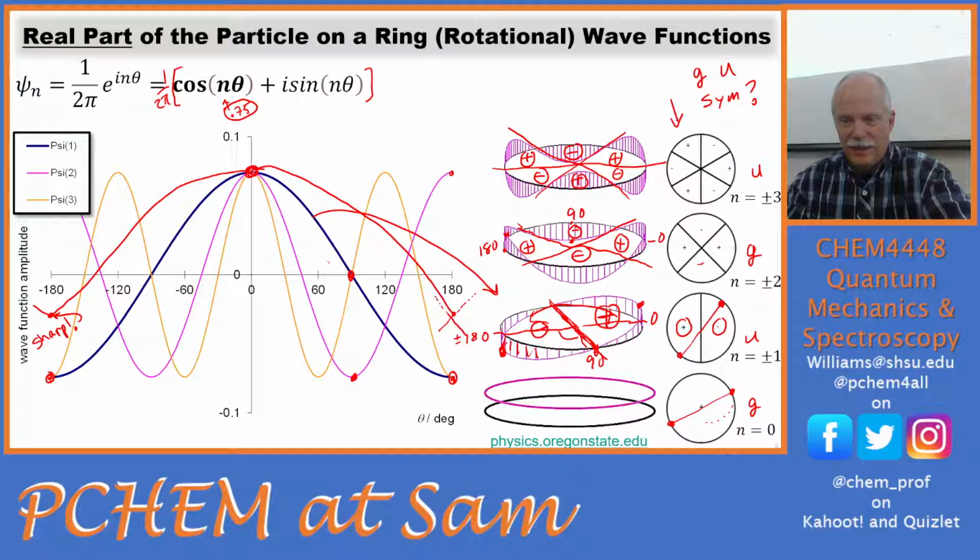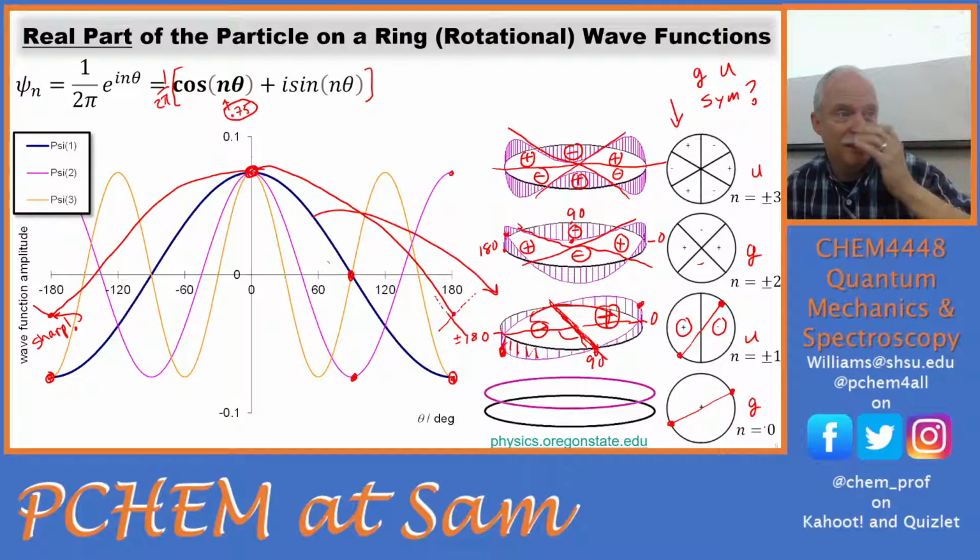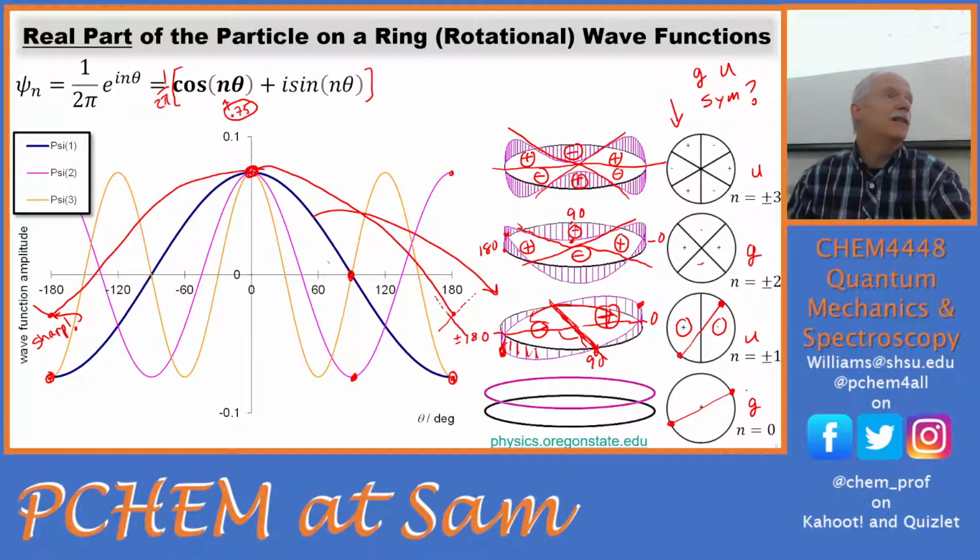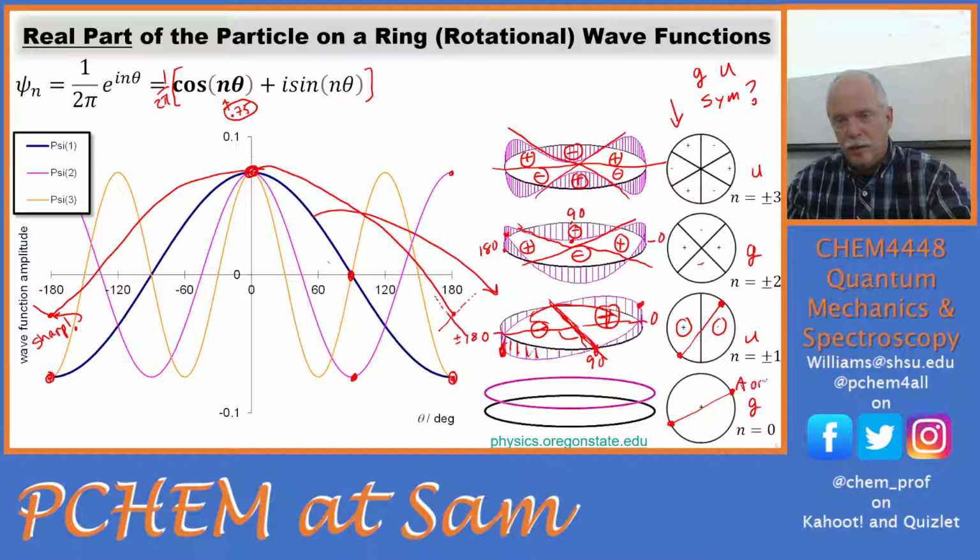Okay, now this one, n equals 0, there's no plus or minus there. So this is a singly degenerate energy level or wave function. And so it's going to be an A, or a B or what have you. It's going to be one of those, either A or B. But then this one is doubly degenerate, so it's going to be an E something.